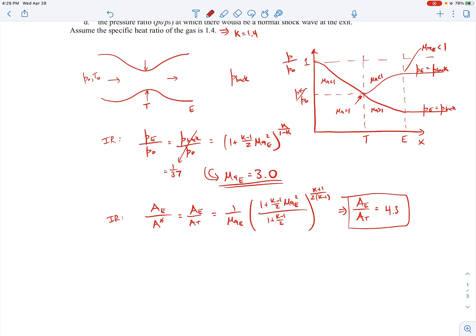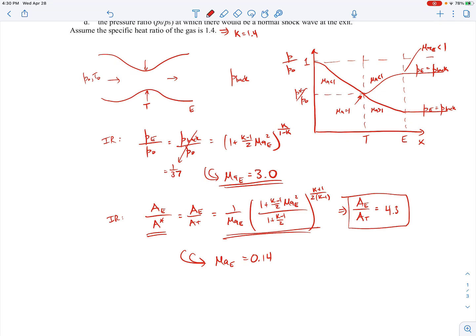So I'm going to solve this equation for the subsonic Mach number at the exit. And when you do that, that comes out to be 0.14. Okay, so that's now our Mach number at the exit for this particular case. And you can see it's clearly subsonic.